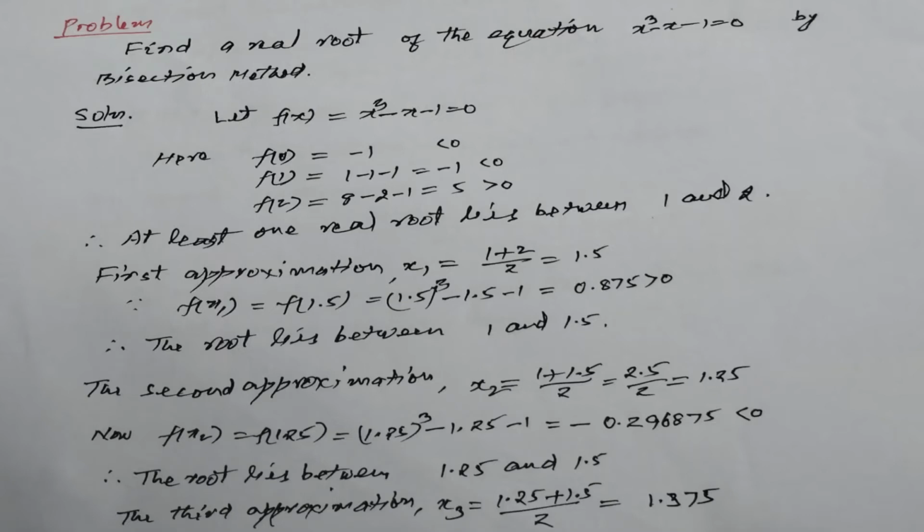For solution, let us consider f(x) equal to x cube minus x minus 1 equal to 0. In theory of equations, we had read that the number of real positive roots is equal to the number of changes of signs in f(x).